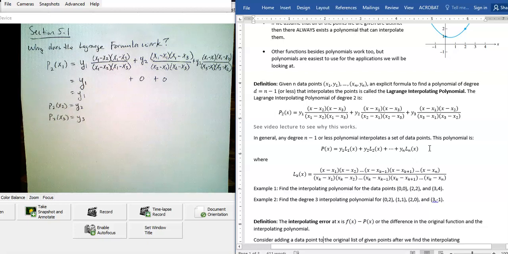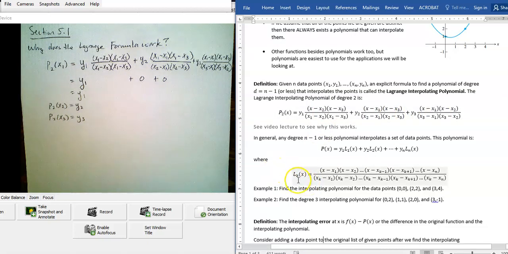This polynomial is this guy right here. So we have the y-coordinate times L1 of x plus y2 times L2 plus yn times Ln, where all of these L's are those quotients here. Okay, so this is just a generalized version of these quotients up here.